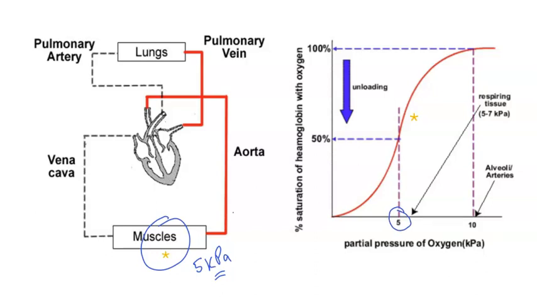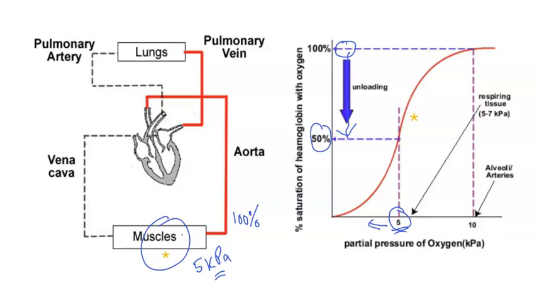So blood would be arriving at 100% saturation. As it arrives into the muscle, it encounters a region of 5 kilopascals and lower. And so rather than being 100% saturated, the hemoglobin will unload its oxygen down to perhaps 50% saturation.